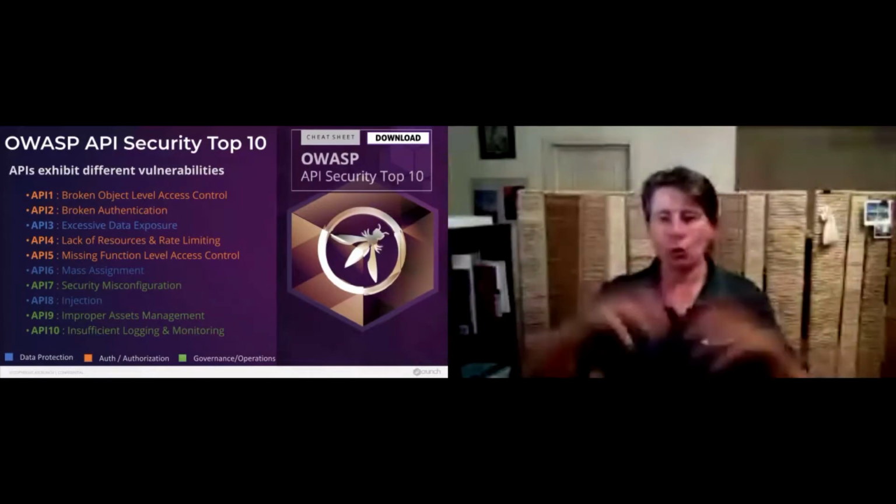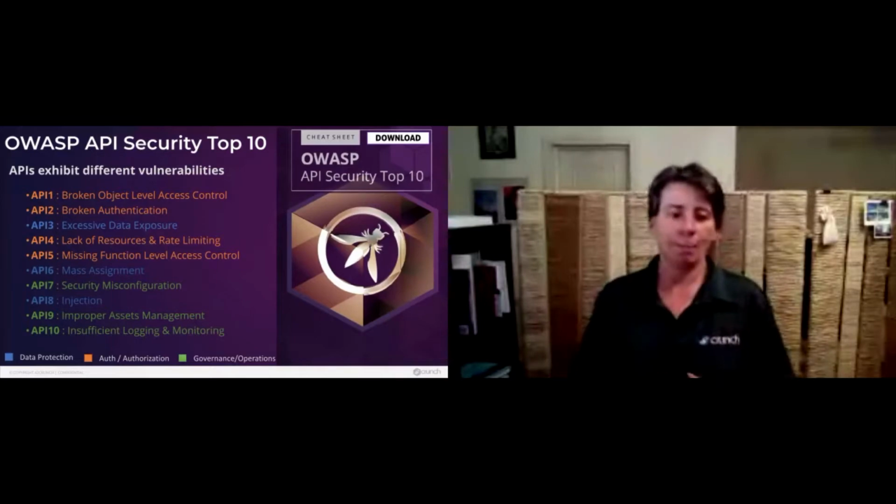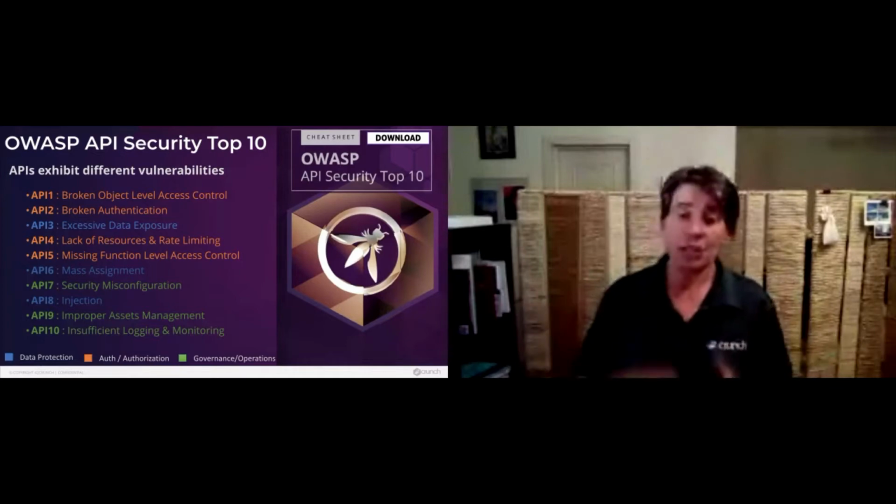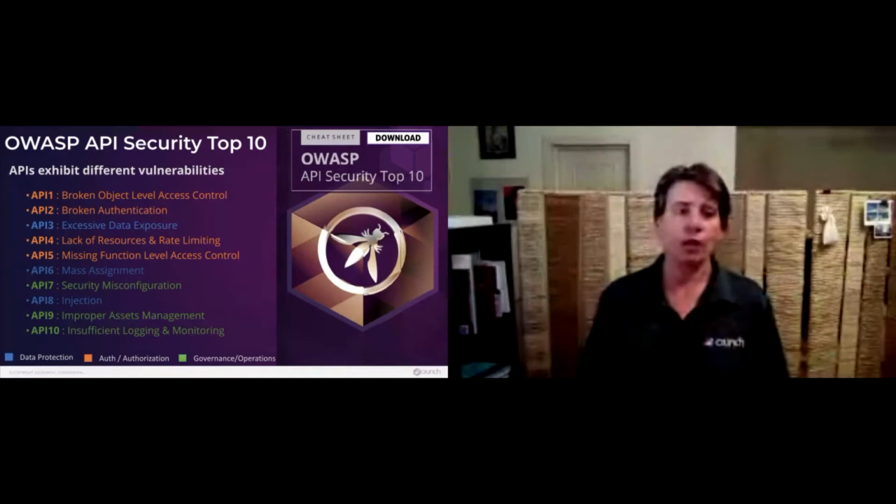They were an overall problem across all the different problems that the OWASP top 10 would expose, up to the end of 2019, where we recognized that APIs are different and have specific vulnerabilities and specific problems, and therefore there is a specific top 10 for that.